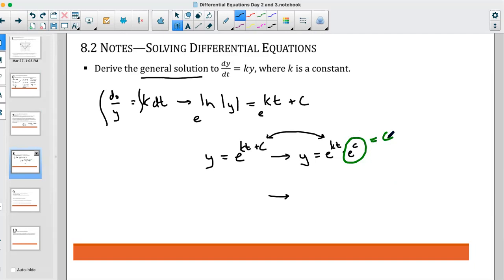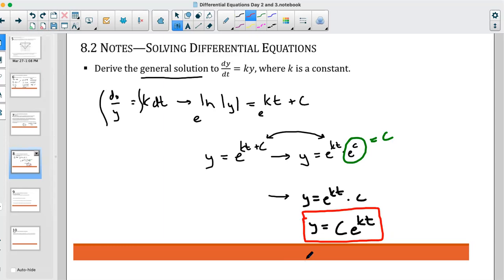This has to just be some number. So if this is e to the kt times e to the c, it's also e to the kt times c. This is almost always written as y equals c e to the kt. So this is your general formula for exponential growth: y equals c times e to the kt.